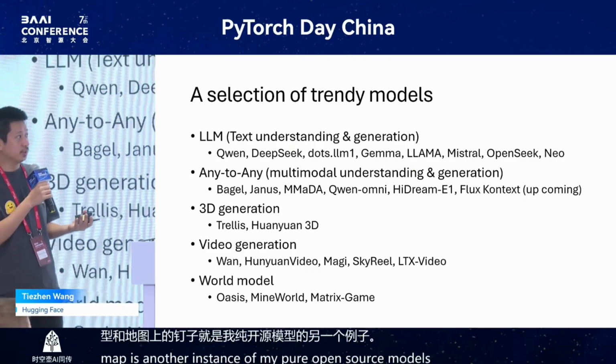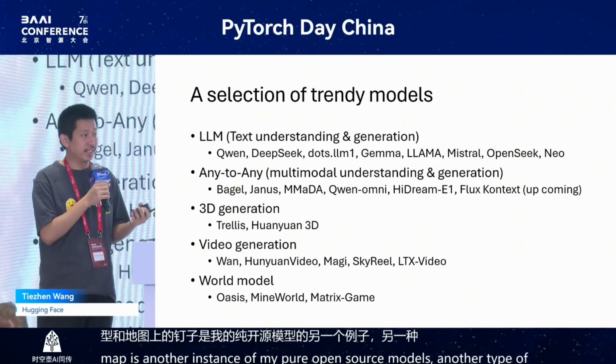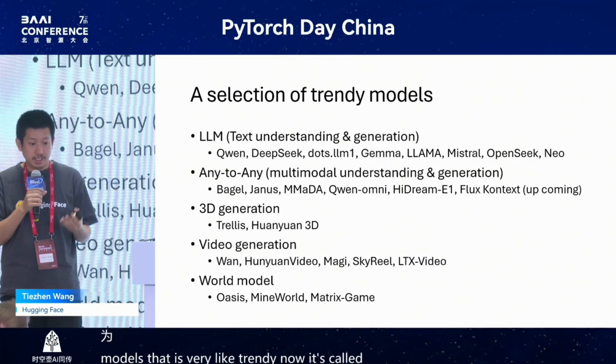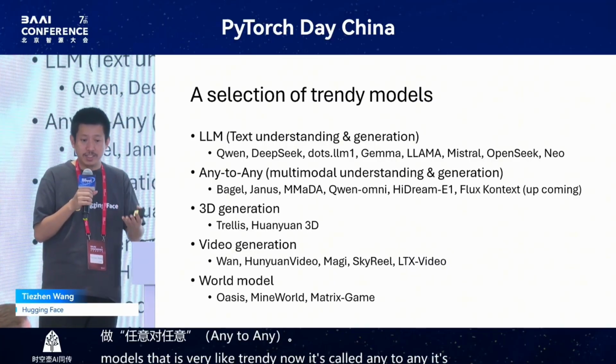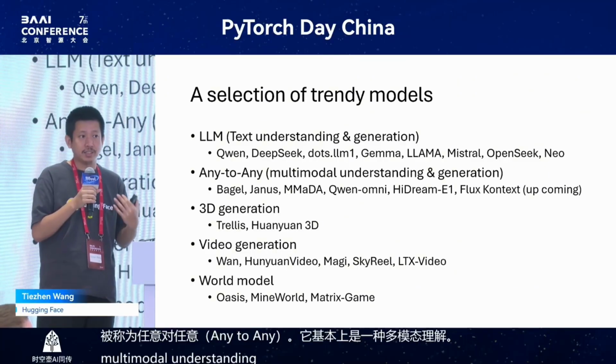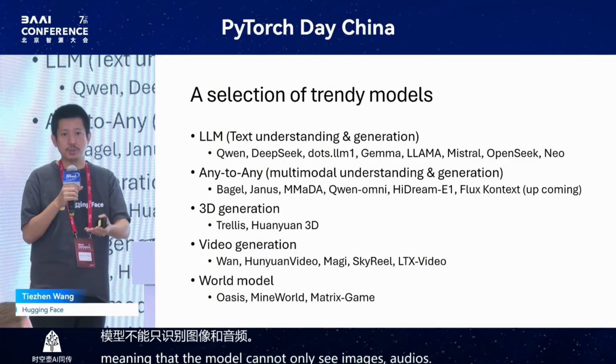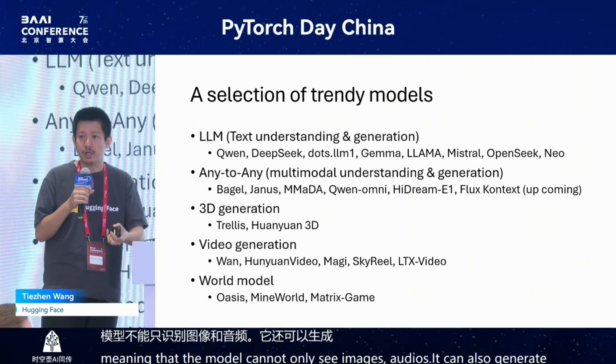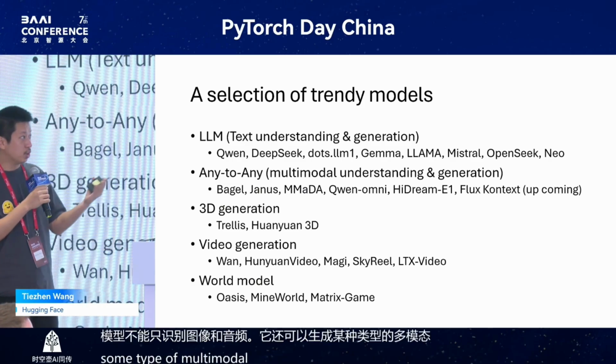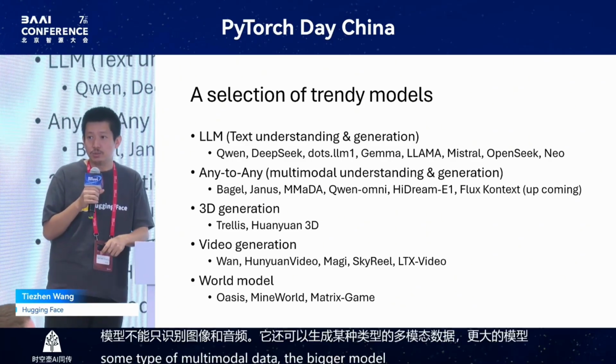Another type of model that is very trendy now is called any-to-any. It's basically a multimodal understanding and generation model, meaning that the model can not only see images, audio, and video, it can also generate some types of multimodal data. The Bagel model from ByteDance is really popular.